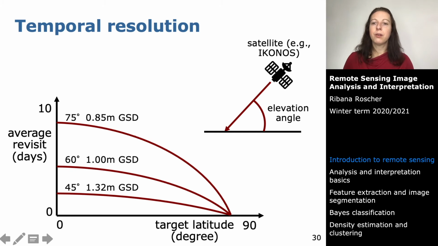So the upper curve has an elevation angle of 75 degrees. The middle curve is for 60 degrees, and the other curve is 45 degrees. And you can see the more the sensor is tilted, the ground sample distance, it means the spatial resolution, increases, but the average revisit time increases. Sorry.